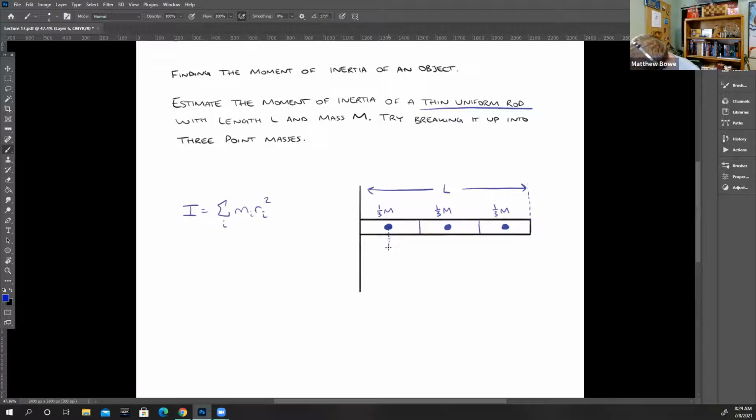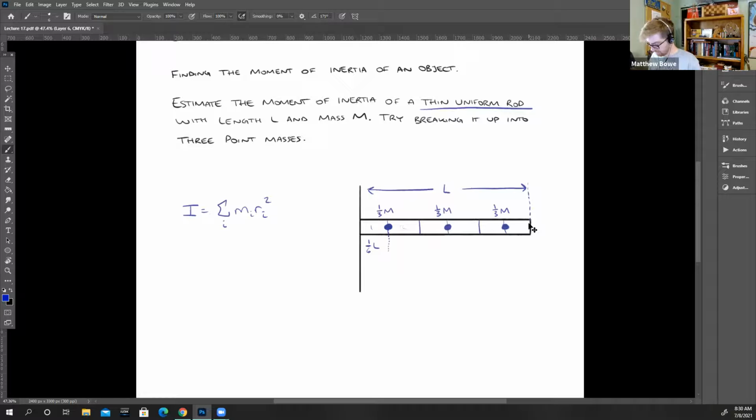I'm going to say this distance right here we'll just say 1/6 L. So why 1/6 the total length? Let me reason this out. If we have a dot right in the center of each of these thirds, that will make 6 equal segments: 1, 2, 3, 4, 5, 6.